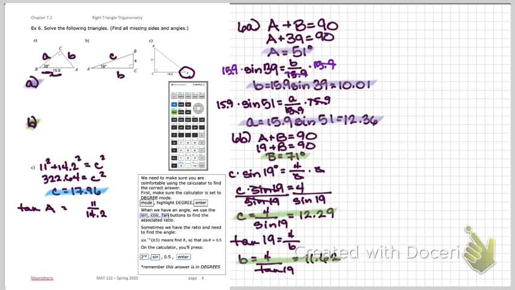So we got to have something to undo the tangent. And so if you take a look at the calculator, we haven't focused on that a whole lot. If you're using that TI-84, we have 3 trig buttons. We've got our sine right here, we've got cosine, and we've got tangent.